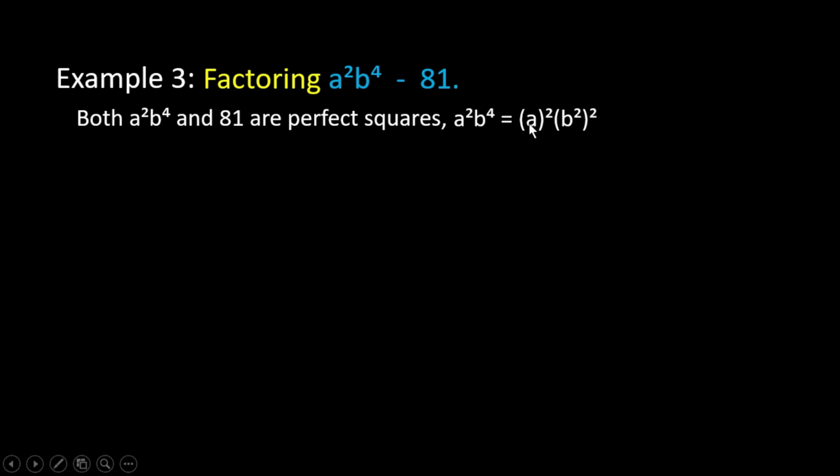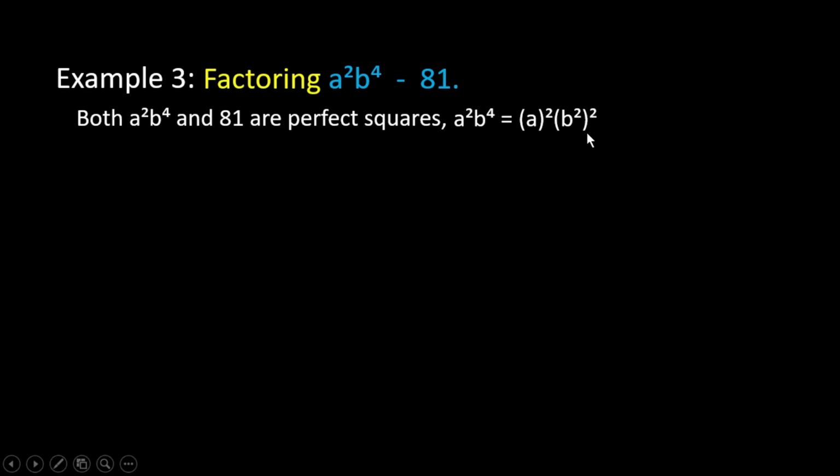So, yung square ng a squared is a to the 2, tapos yung b to the 4 naman is, ito, paghiwalayin natin as a perfect square, so b squared to the 2.